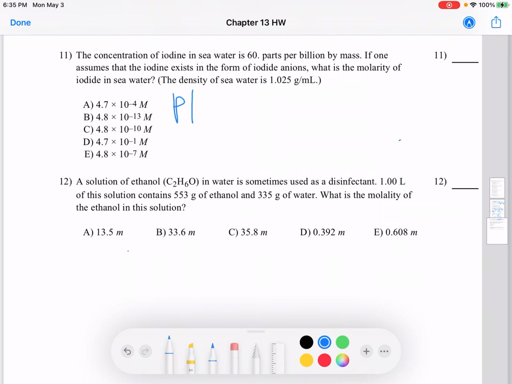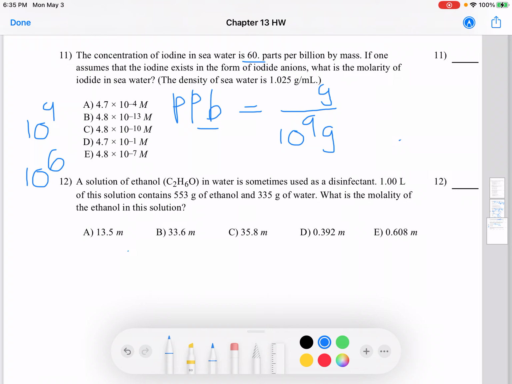ppb represents however many parts in grams. In this case it's 60. Billion is 10 to the power 9. What about million? Million is 10 to the power 6. Grams per, since it's a billion, 10 to the power 9 grams.